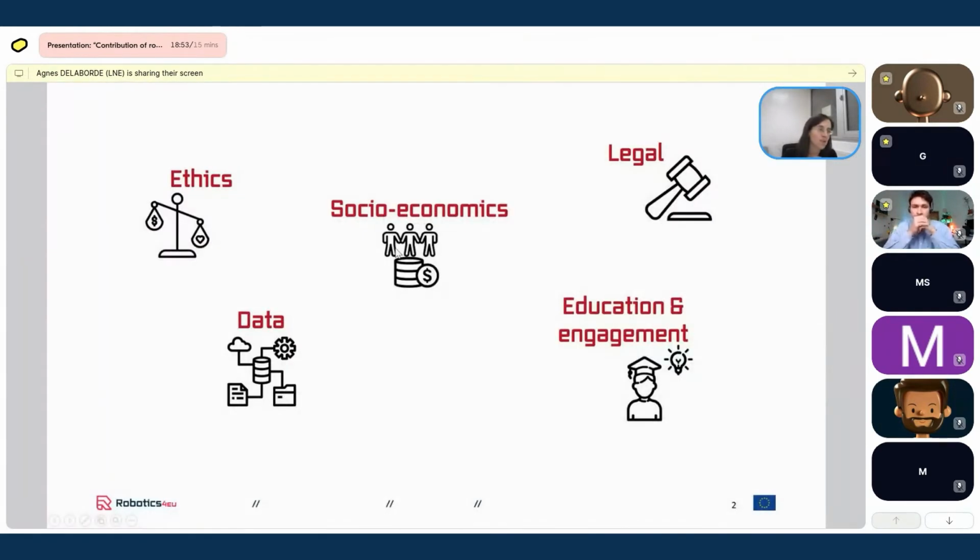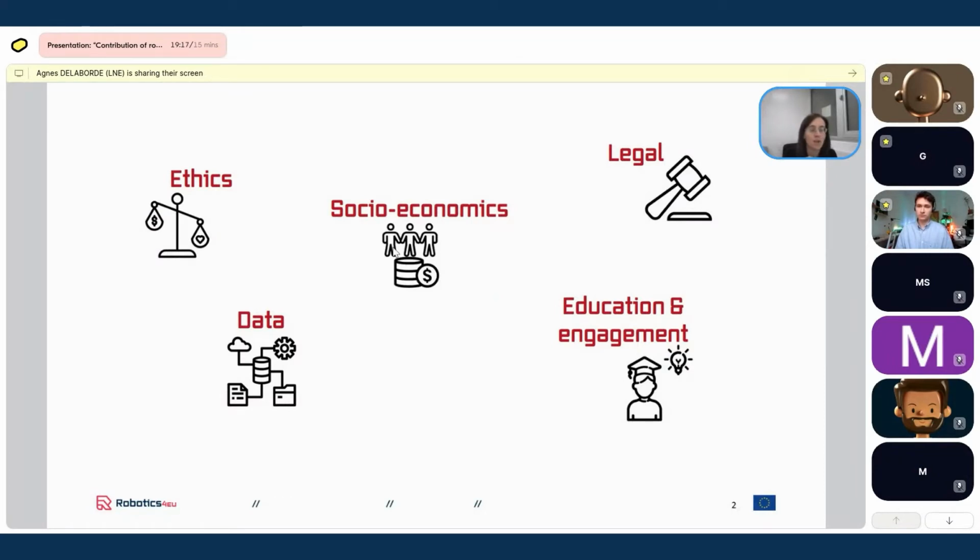So first, as you understood, we are exploring in the project 5 different categories of issues. We consider that those issues and the extent to which they affect the acceptability of robots are a key component of the notion of maturity of a robot.